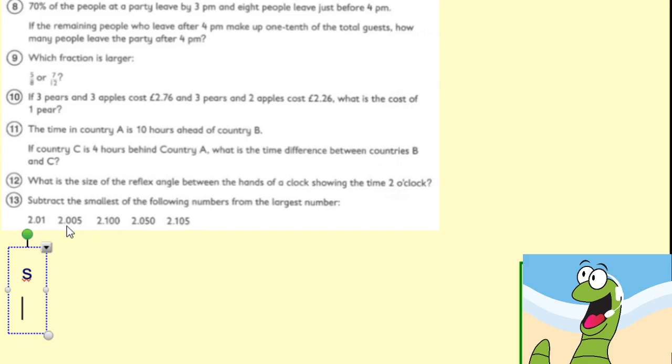So 2.005 would be our smallest. And then we'll have 2.01, and so on. So what's our biggest? Our biggest is 2.105.